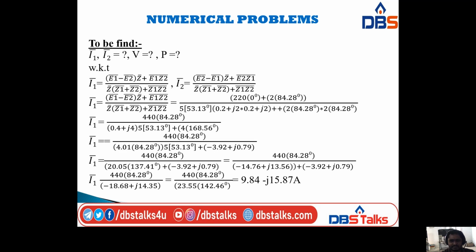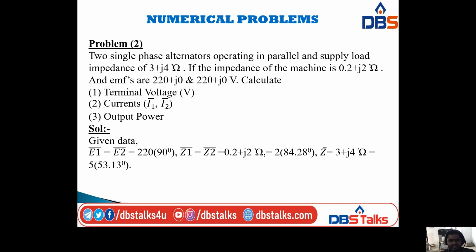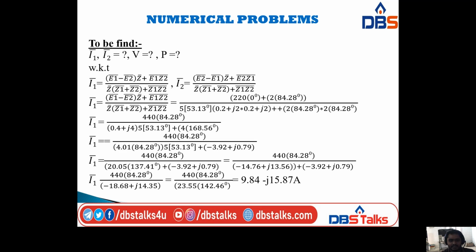Please substitute here. Next we know the Z value, that is 5 at an angle of 53.13. Please substitute here into Z1 bar plus Z2 bar, they already given.